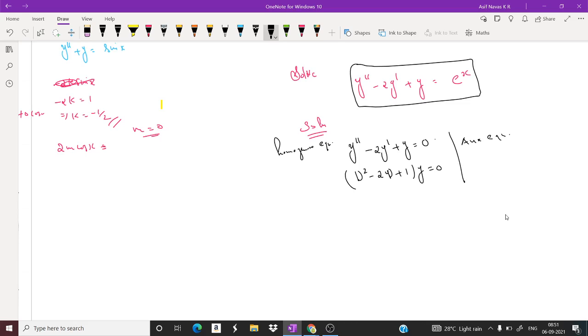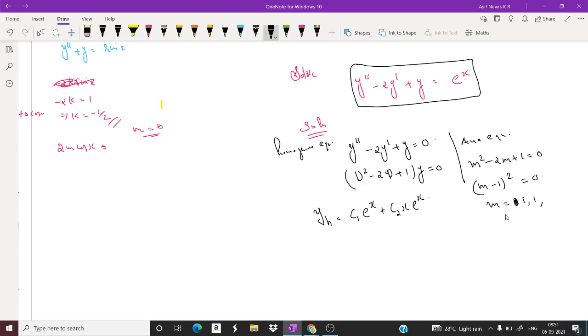You substitute: m square minus 2m plus 1 equal to 0. So this is (m minus 1) all square equal to 0, m equal to 1, 1. So you can write yh is equal to c1 e raised to x plus c2 x e raised to x.